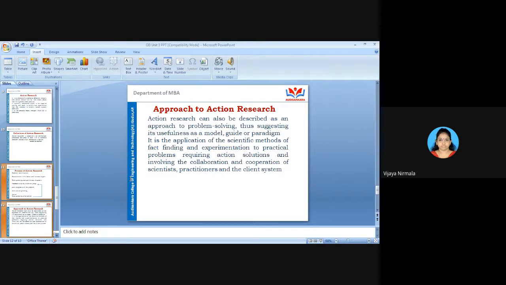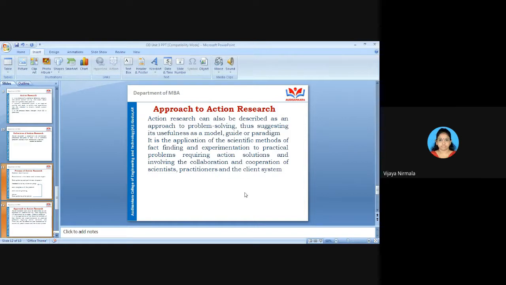That means action research is the application of various scientific methods like fact finding and experimentation to practical problems, which requires action solutions, and it involves the collaboration and cooperation of scientists, practitioners, as well as the client systems.